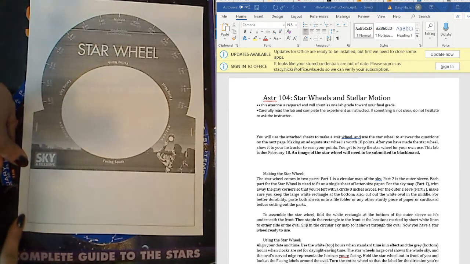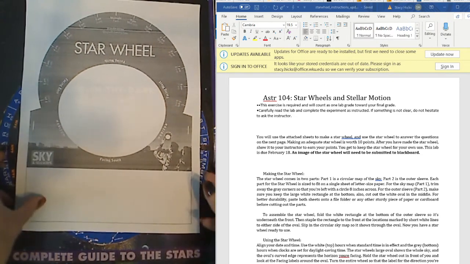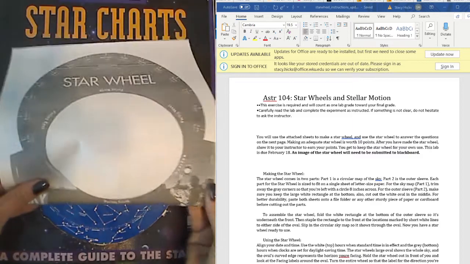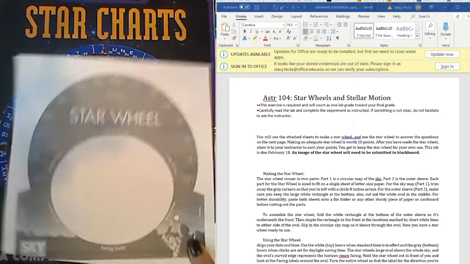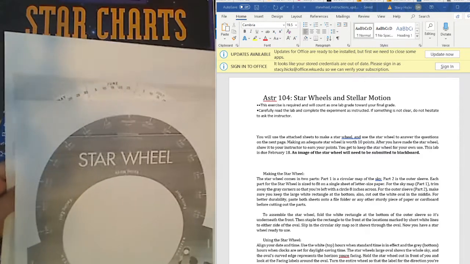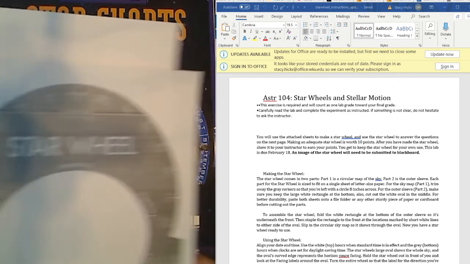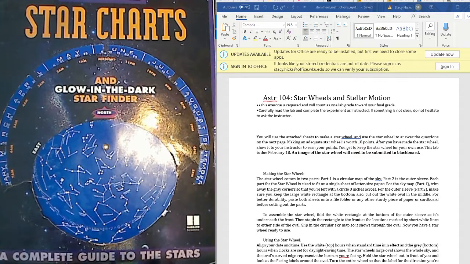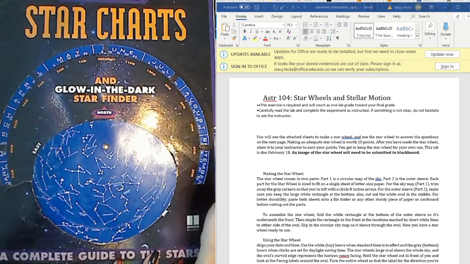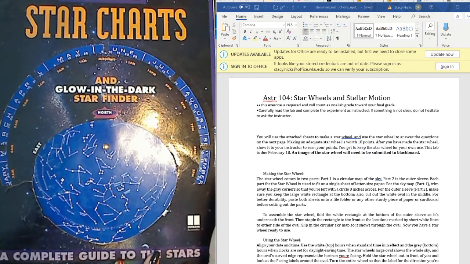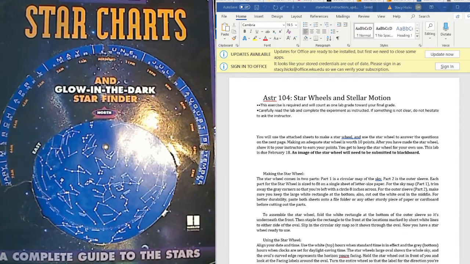You're going to cut around this bottom part here so that it folds up to hold the wheel part after you get this cut out. Essentially, you're going to make the same thing as this big one that I'm showing you here, and you're going to use this to answer some questions.